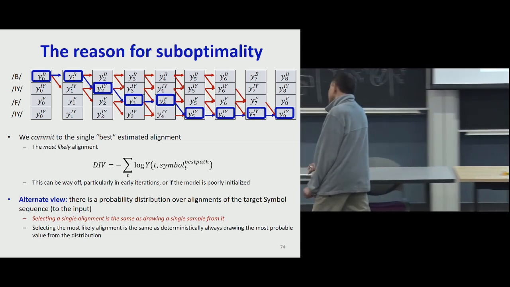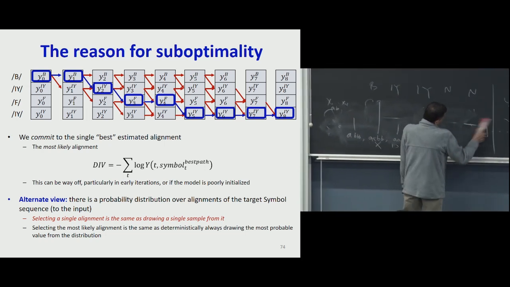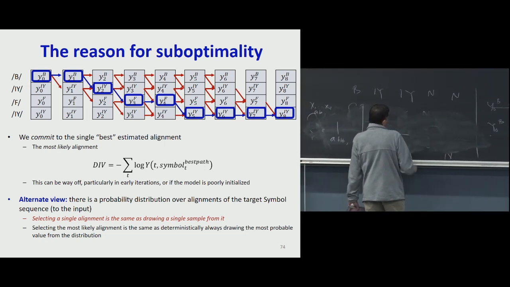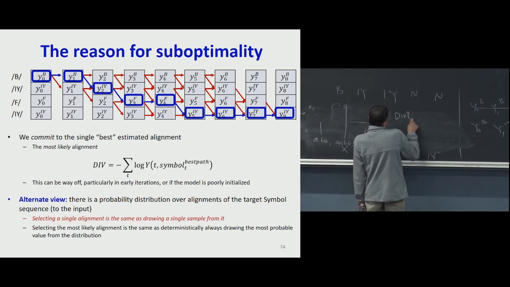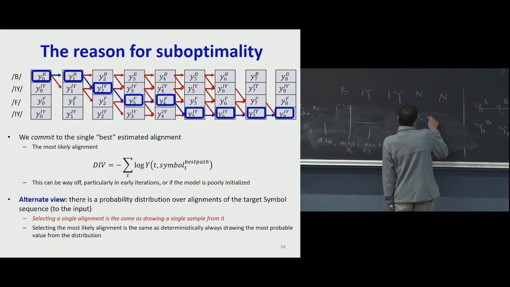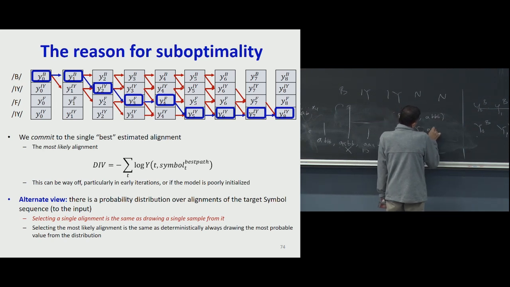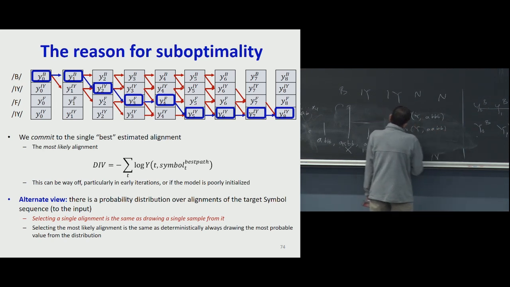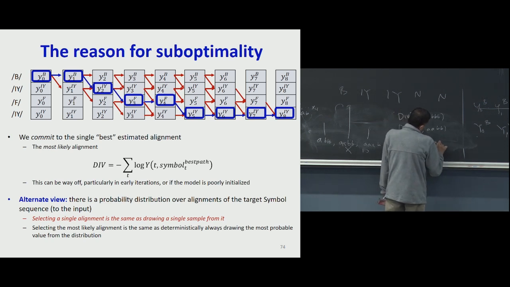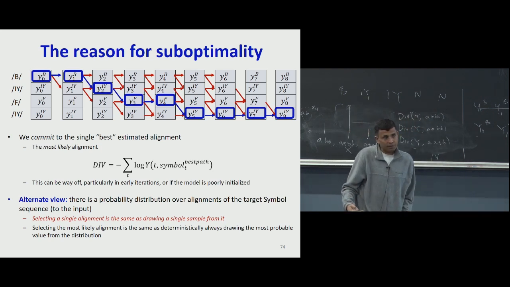I would be computing the divergence between the output y and ABBB. I'd be computing a different divergence between the output y and AABB, and the divergence between y and AAAB. I'm considering every possible alignment.